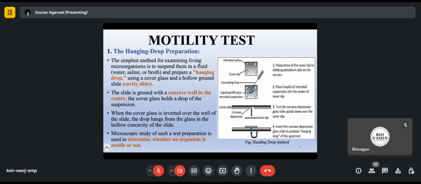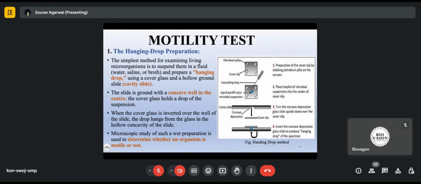We are going to take a clean cover slip and apply petroleum jelly on all four corners, as you can see in the picture. At the center, we place a loopful of our microbial suspension, a very small quantity. Using a cavity slide, we place it on the cover slip in such a way that the concave depression on the cavity slide covers the cover slip.